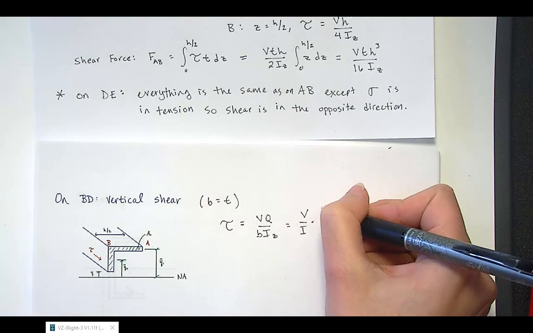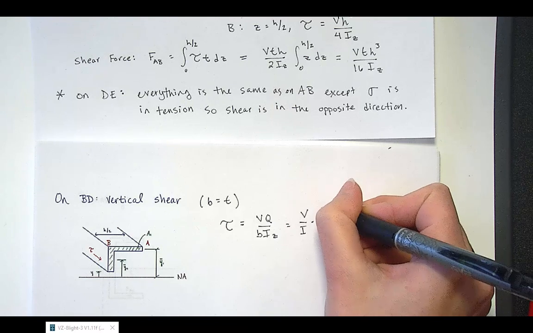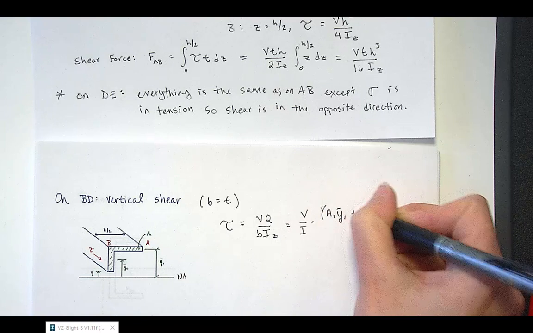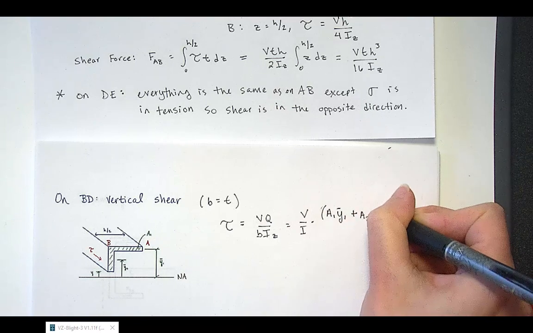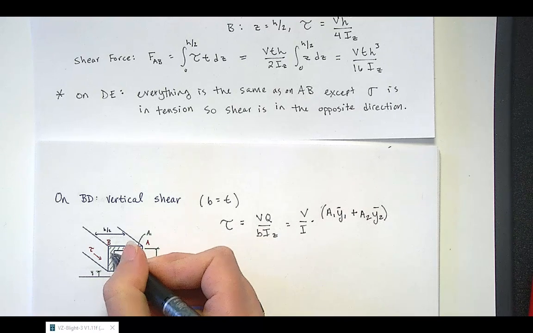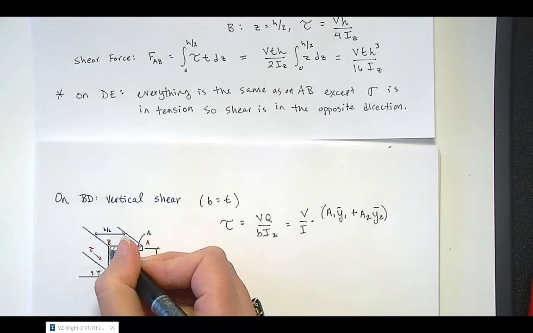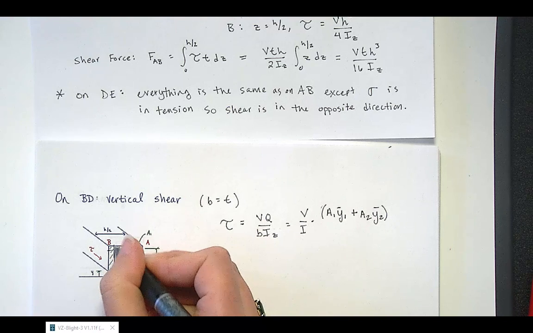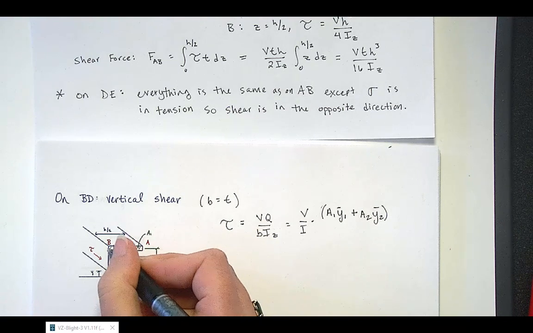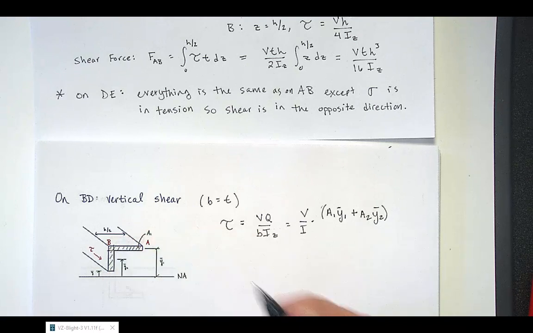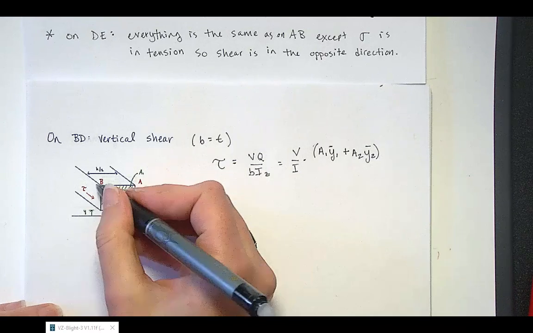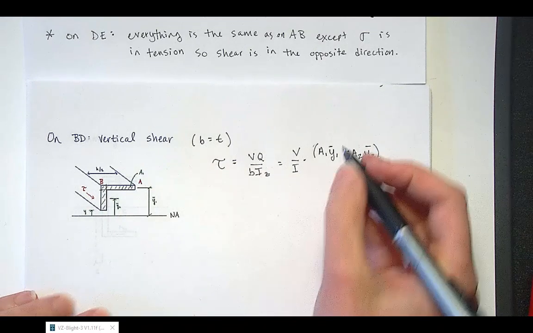So we have our A1 still and Y1 bar, and then we also have our A2 and Y2 bar for our total Q. So here you can think of A1 as being just the top part, and A2 as being the bottom part, and we're not going to worry about splitting hairs with the thickness at the corner. So we'll just take it as H over 2 as the length for each segment.